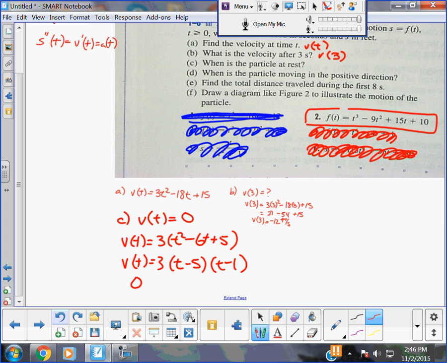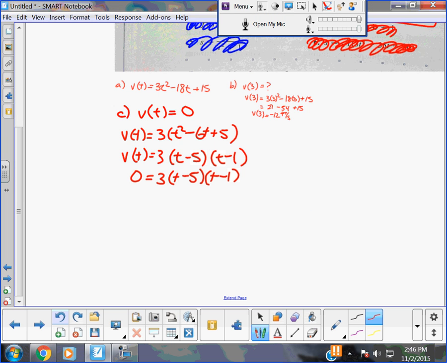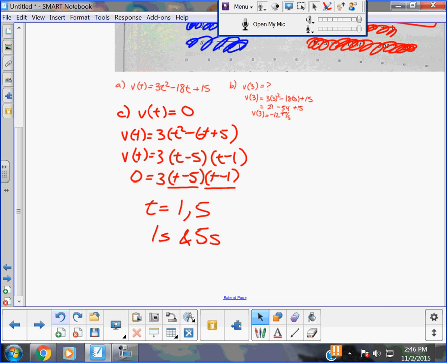And if 0 equals that, a times b equals 0. We know either a is 0 or b is 0. Well, in this case, the two times are 1 and 5. So the particle is at rest at 1 second and 5 seconds.